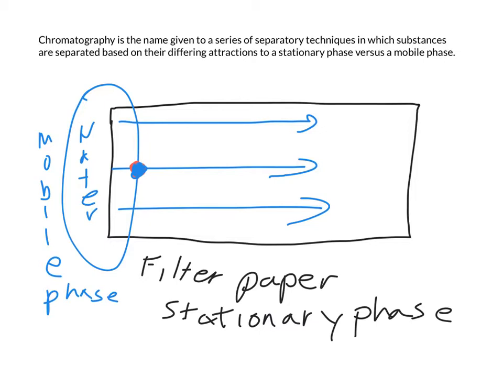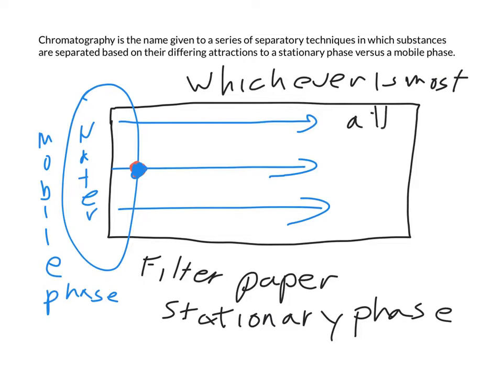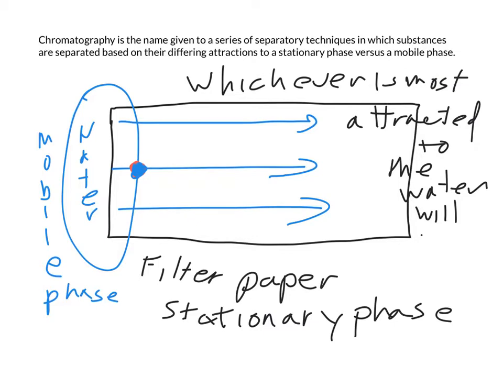Whichever salt, copper or iron, is most attracted to the water will travel the farthest. The one least attracted to it will travel the shortest distance.